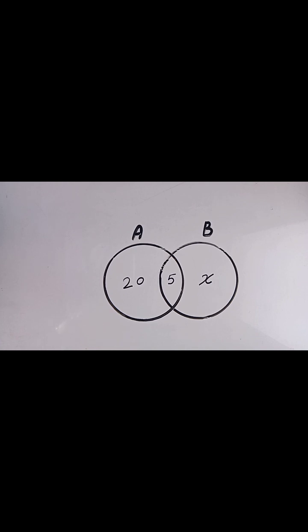And it is given that the total number of the pupils, the number of members means A union B, that is 44.